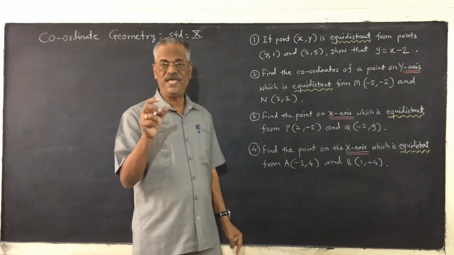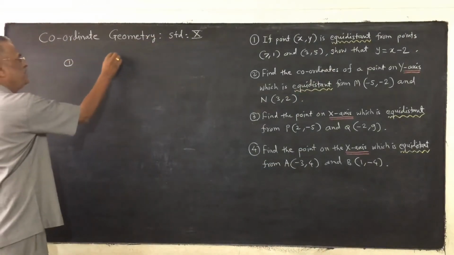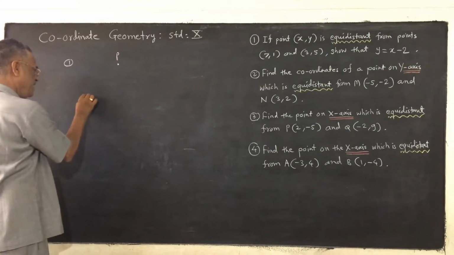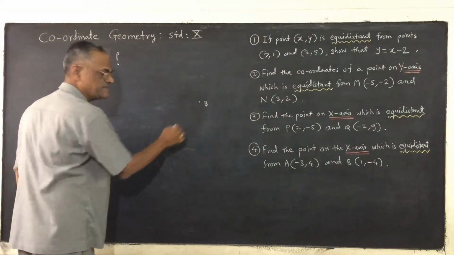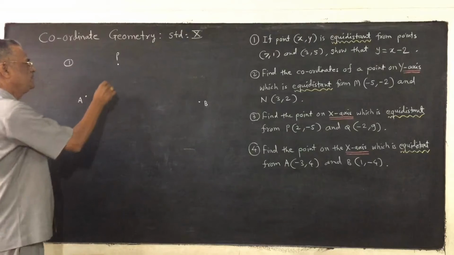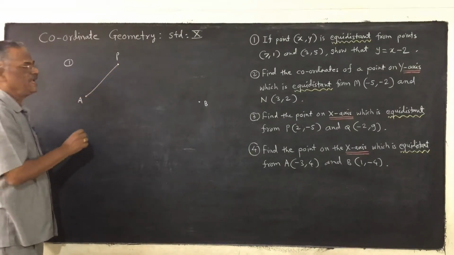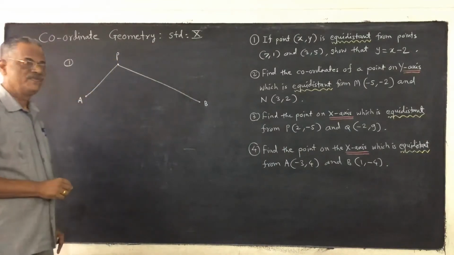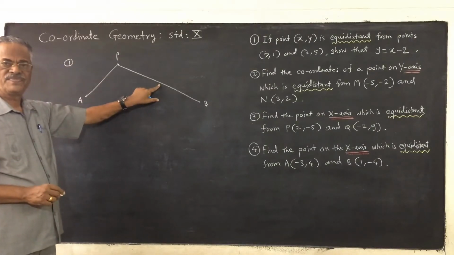Meaning of equidistant point: you can see that if P is any point, and point A is there and point B is there, then compare the distance of P from A and the distance of P from B, the length of PA and the length of PB.